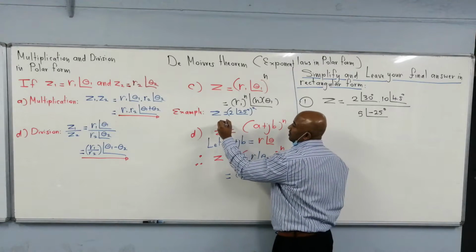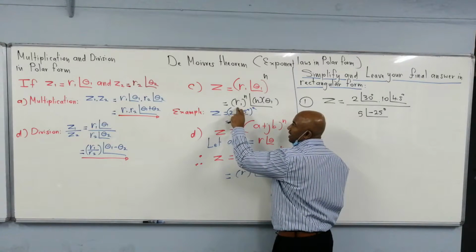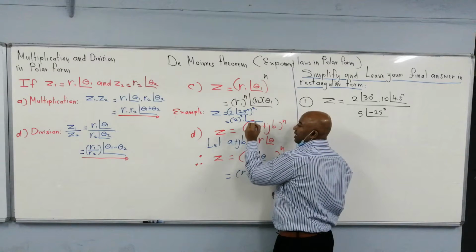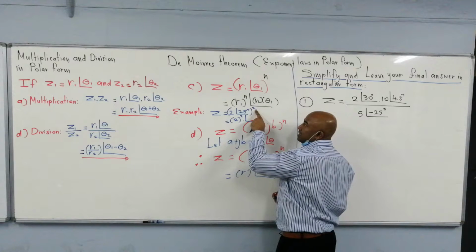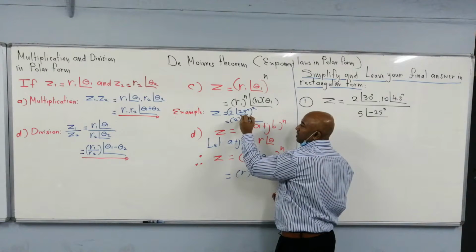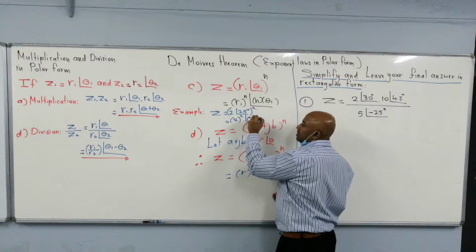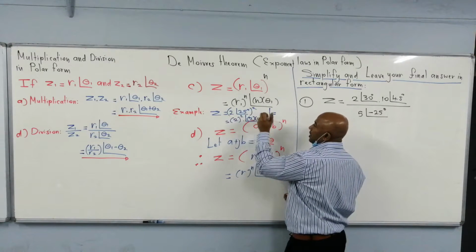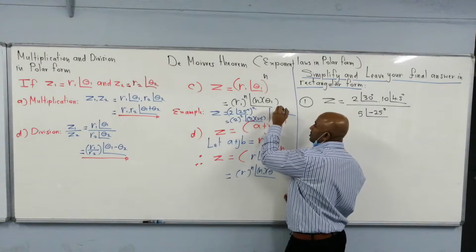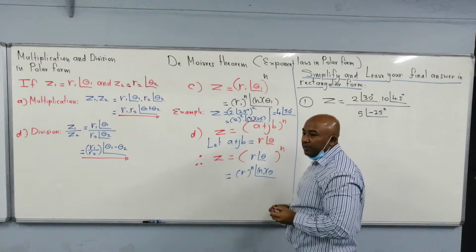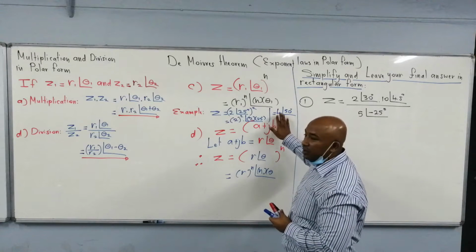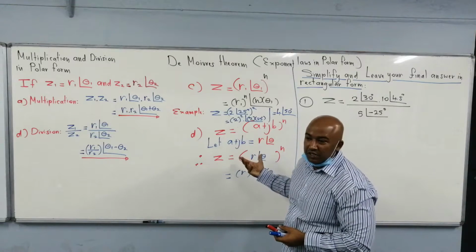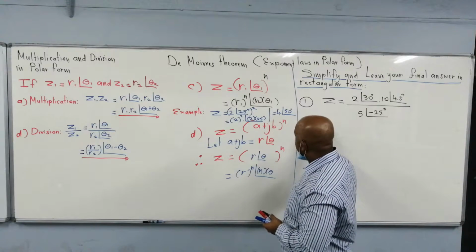So you raise R to the power n, so that's going to be 2 to the power 2, and then you take the same exponent and you multiply it by the angle. So that will be 2 times 25 degrees, which is equal to 2 squared, which is 4, and 2 times 25 is 50. So we simplify it, so at the end you only end up with R and theta. Then it depends on the instruction, what you need to do.